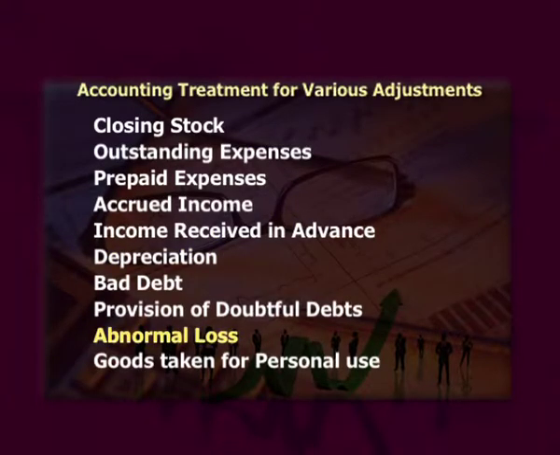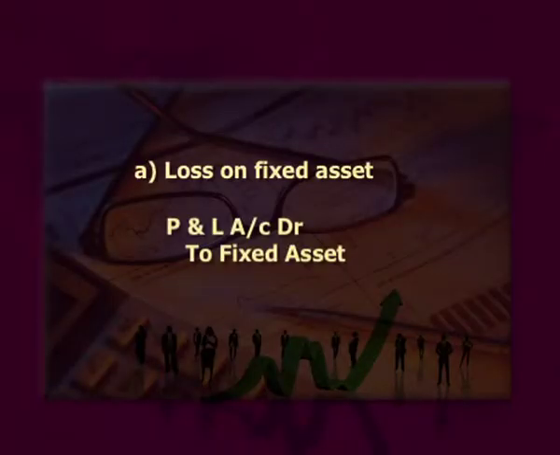Abnormal losses. The losses that have occurred due to natural calamities like earthquake, flood, etc. are called abnormal losses. Adjustment entries: loss on fixed asset, profit and loss account is debited to fixed asset. Effect on financial statement: debited to P&L account, deducted from corresponding asset account in balance sheet.